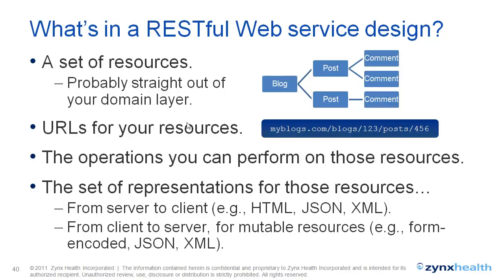Here I'm illustrating the blogging domain layer, in which a blog owns many posts, each post owns many comments, etc. You have to come up with a strategy for mapping URLs to your resources so that each resource is uniquely identified by a URL. Here, in a domain in which you have multiple blogs, say a blogging hub site, for example, your URL for getting at a particular post belonging to a particular blog might look something like this.